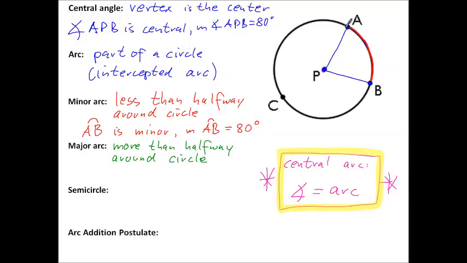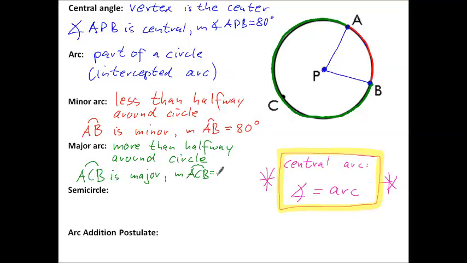So in our example here, if we took an arc from A going the other way around, then it would go across C, continue going all the way back to B, and then we call this arc ACB.